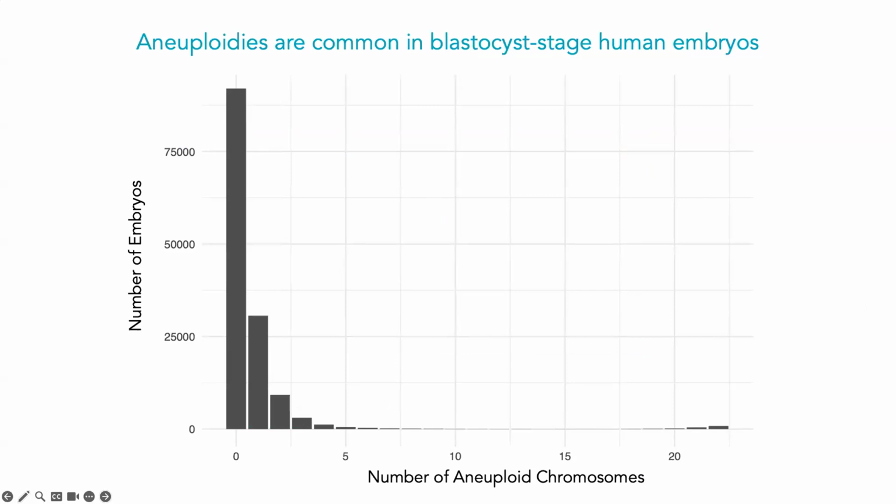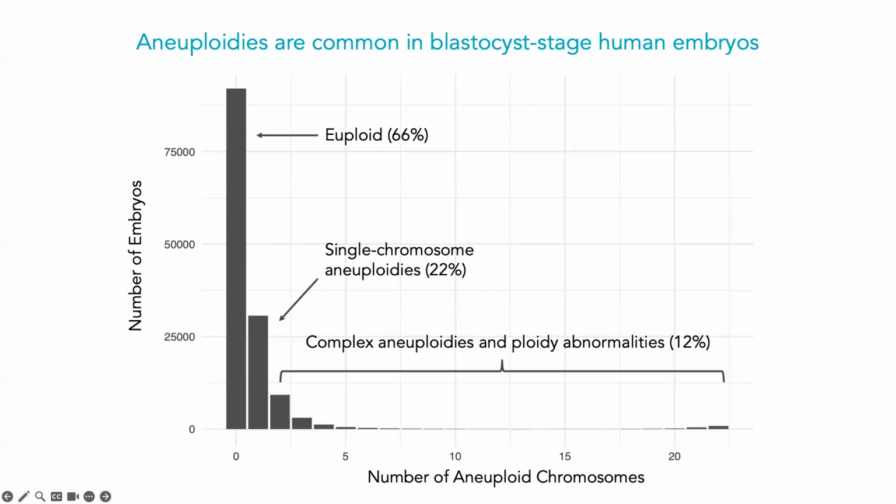So summarizing our results across about 139,000 embryos, we can replicate some really well-established patterns from the field. About 2/3 of these embryos at this stage of development are inferred to be chromosomally normal, or euploid. We think there's actually been quite a lot of selection that's already happened prior to the blastocyst stage, so if you were to look at earlier stages, you'd see higher rates of aneuploidy than this. 22% of these embryos have evidence of just a single missing or extra chromosome.